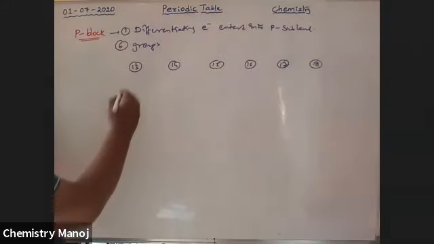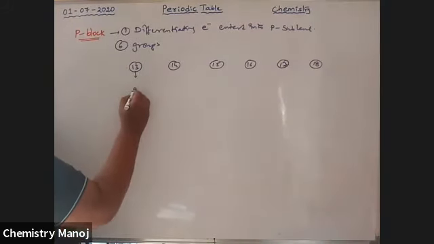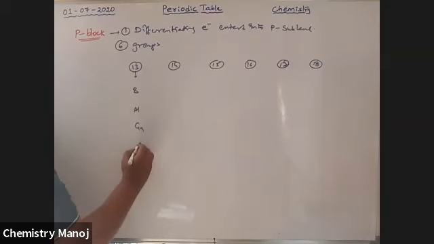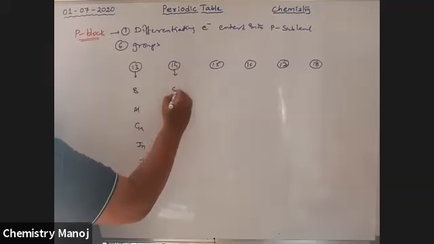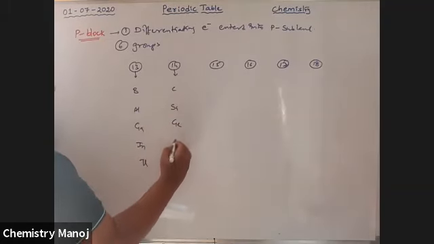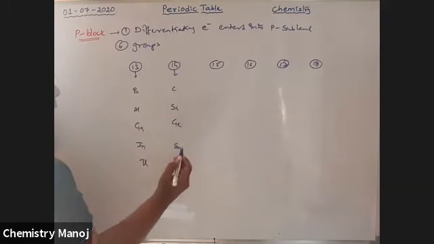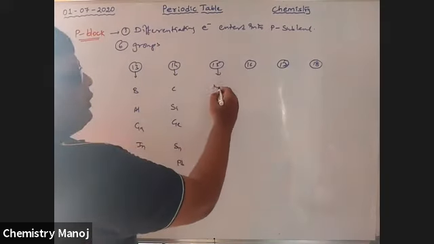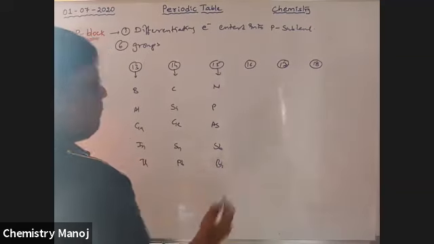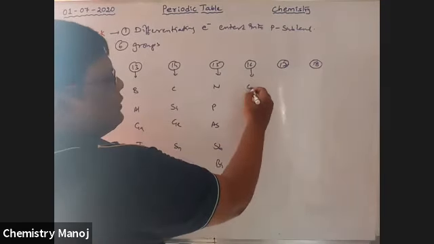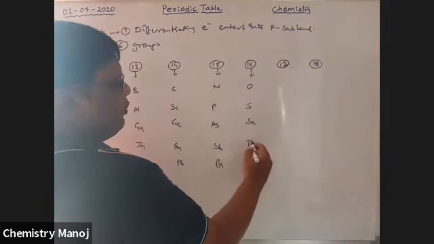The 13th group elements are boron, aluminum, gallium, indium, thallium. 14th group: carbon, silicon, germanium, tin, lead. 15th group: nitrogen, phosphorus, arsenic, antimony, bismuth. Then oxygen, sulfur, selenium, tellurium, polonium.